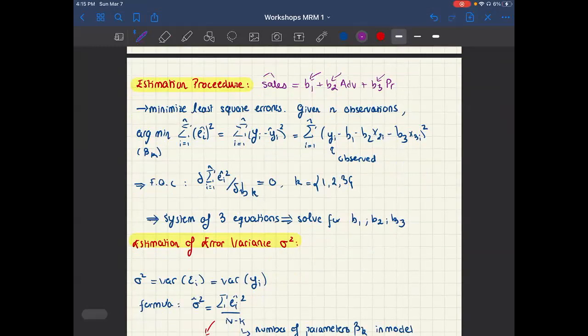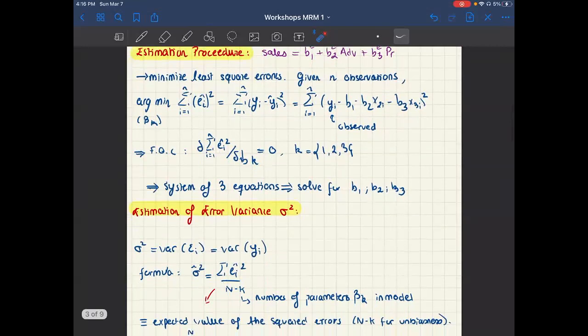The way we would do this is to try to minimize the errors between what we would predict and what the actual outcome y_i is. That is captured through y_i minus y_i hat, squared. That in turn is equal to y_i minus B1 plus B2 advertising plus B3 price, replacing y_i hat.